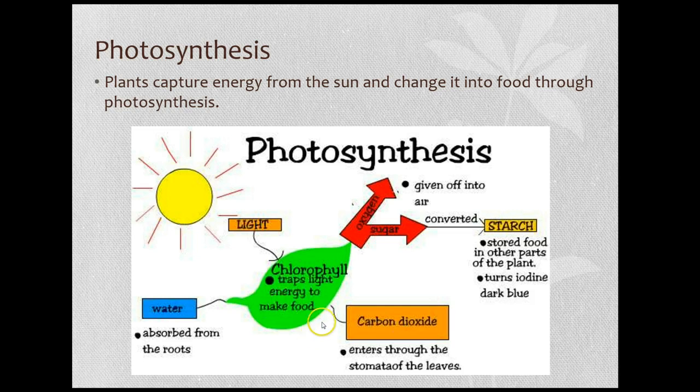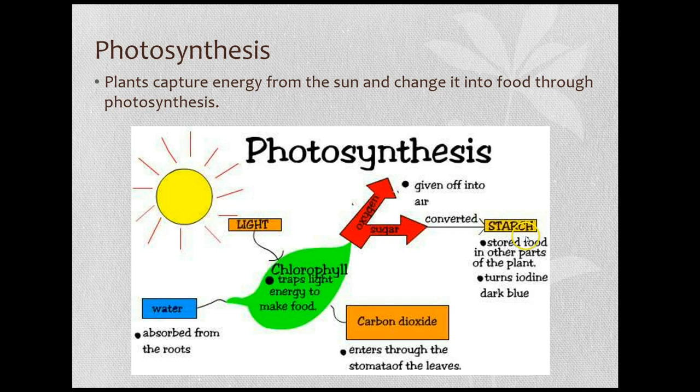One of the things that is released from the plant is oxygen. It's given off into the air. It's not what they need. Then you also have carbon dioxide that enters through something called the stomata of the leaf. They're little itty-bitty holes, usually on the underside of the leaf because it's somewhat protected there, and so the CO2 gets in that way. What you end up making is sugar, which is glucose.